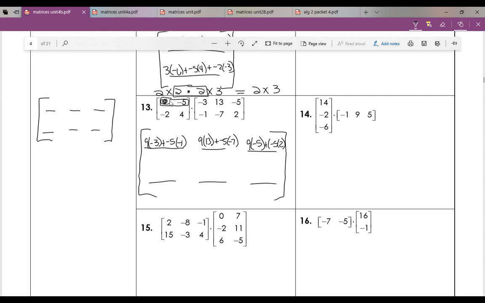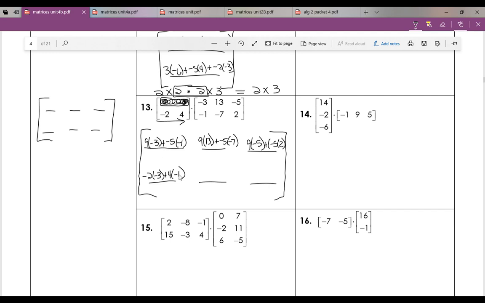So I'm done with my 9 and my negative 5. So now I'm going to throw in my negative 2 and my 4. Go across the row of the first one, down the columns for the second one.